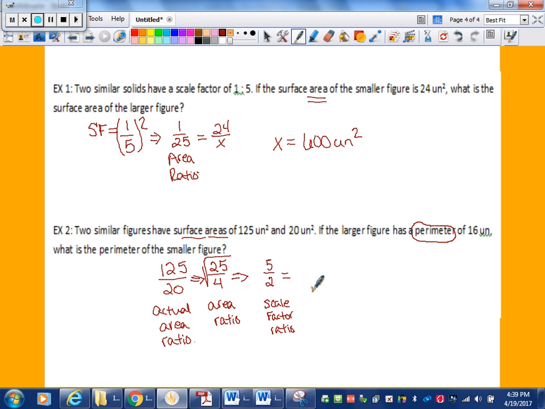Now I can set up my proportion, and they tell me the larger figure has the perimeter of 16. 5 is larger than 2, so 16 is on the top. My unknown is on the bottom. I cross multiply 2 times 16, divide by 5, and come up that the smaller figure's perimeter is 6.4 units.